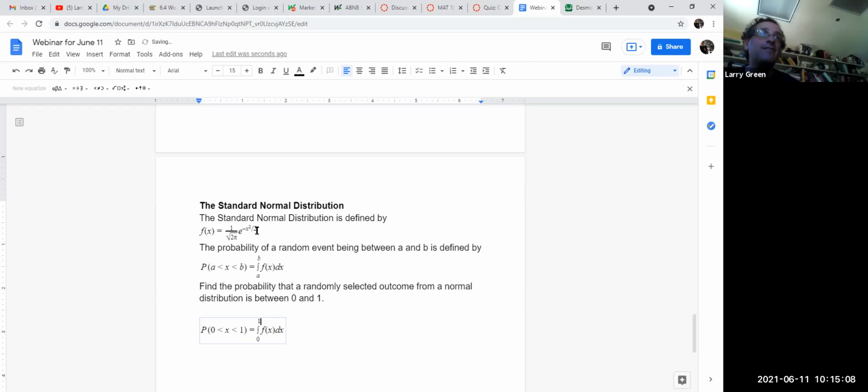Our f of x is 1 over the square root of 2 pi e to the negative x squared over 2. I'm going to take the 1 over square root of 2 pi and pull it outside the integral. It's just a constant. I can do that.